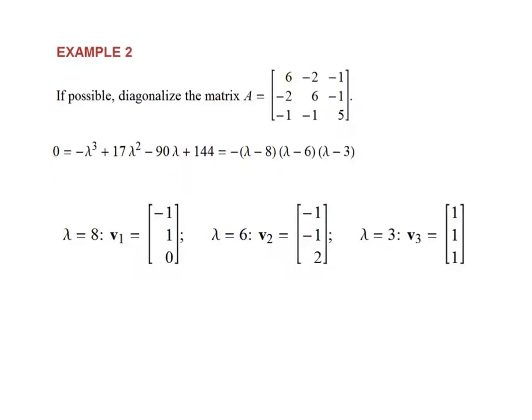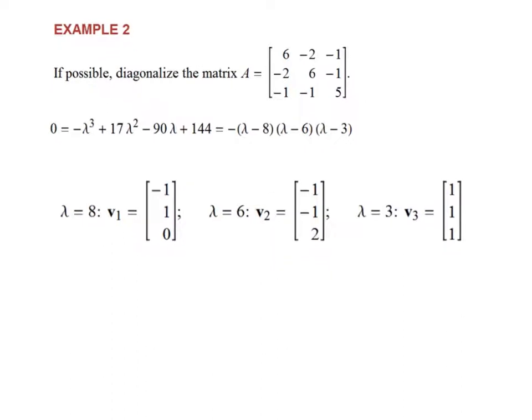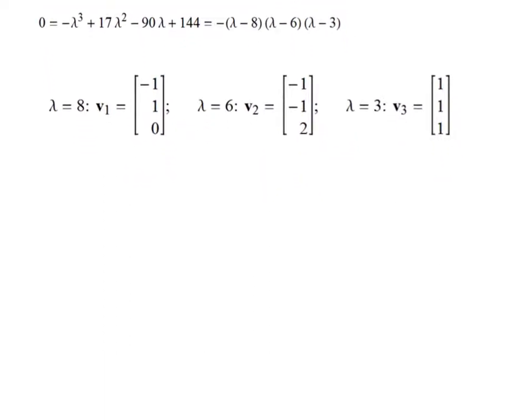That's some stuff we've already seen way back in Chapter 5. What I want to first make a note of is that those three vectors, the set v1, v2, and v3, form a basis for R3. We've seen that in Chapter 5.